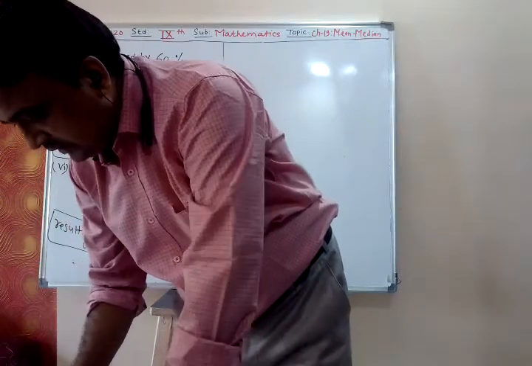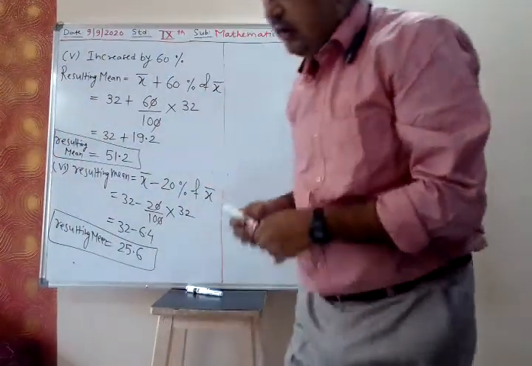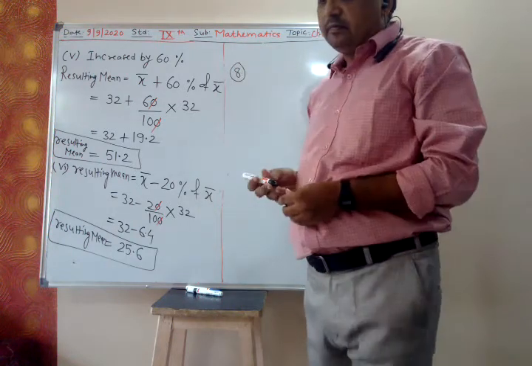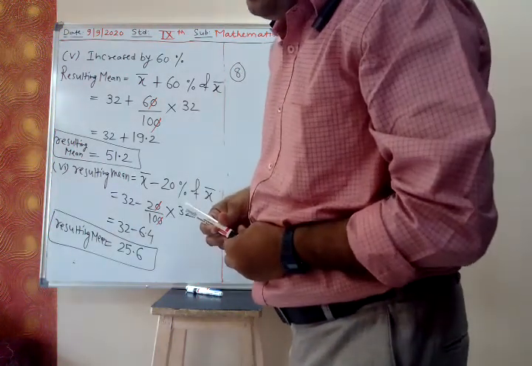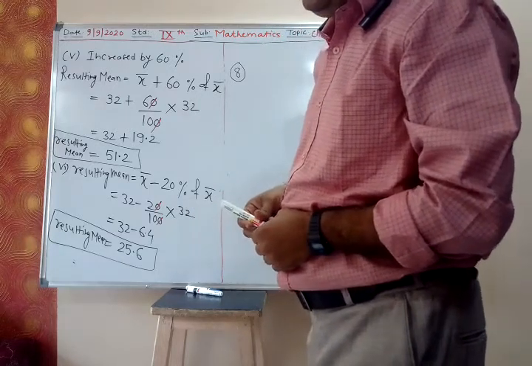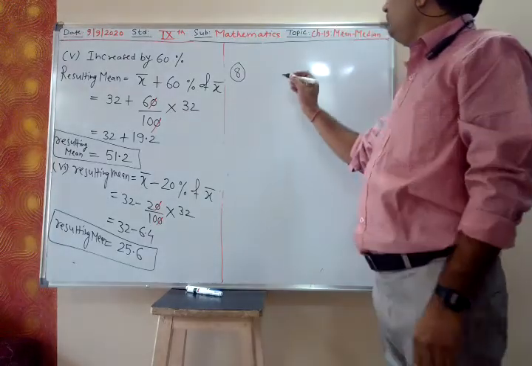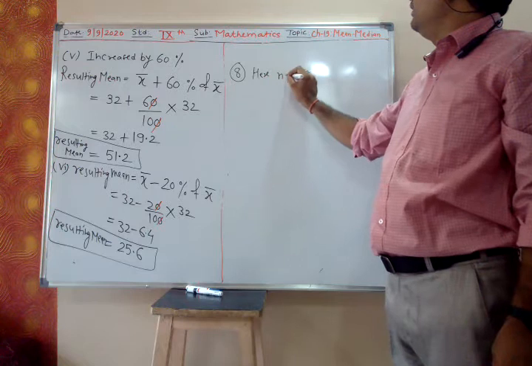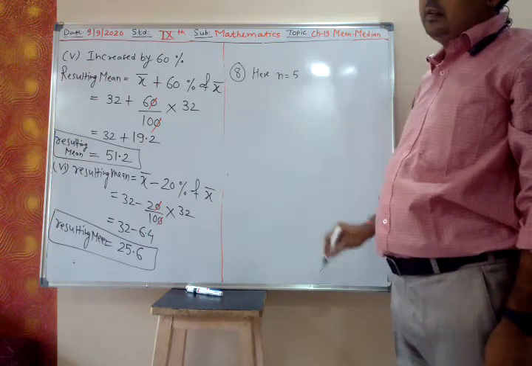Now write 8th one. You suggest I can give 8th one homework, no problem. The mean of 5 number is 18. Okay, chalo. So here, how many values are given? 5. N is 5.